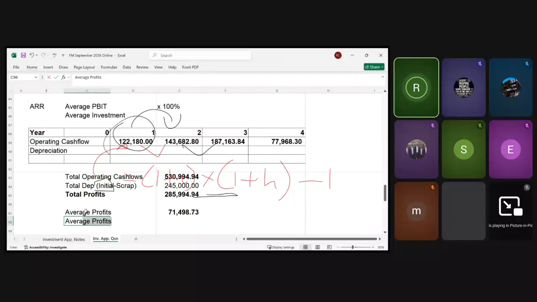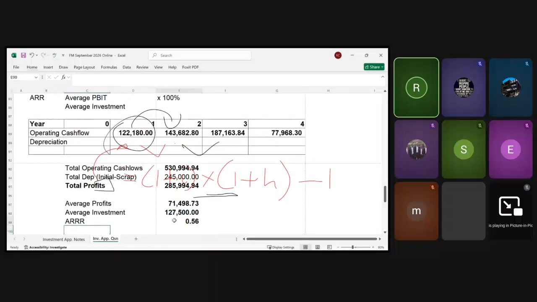Average investment, from our previous session, is initial 250,000 plus scrap 5,000 divided by 2. Then ARR is around 56%, which means that the project is acceptable as it has an ARR above the requirement. The requirement was just 20%.